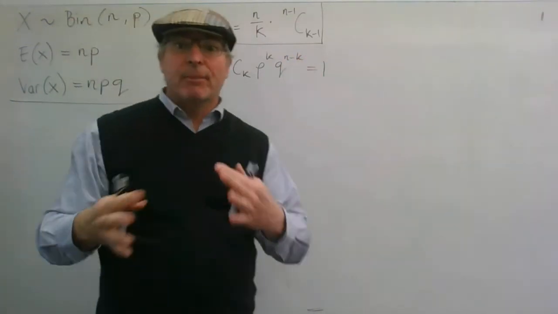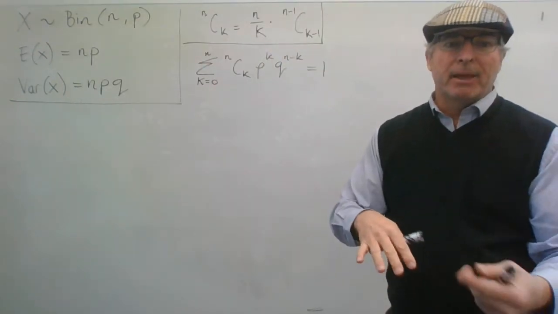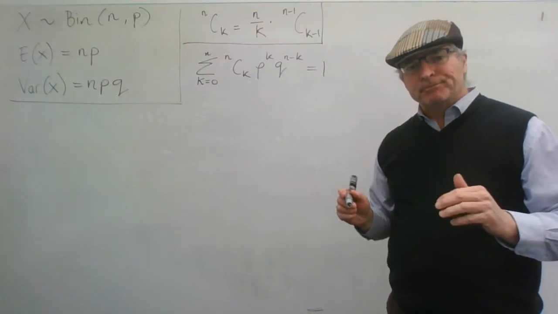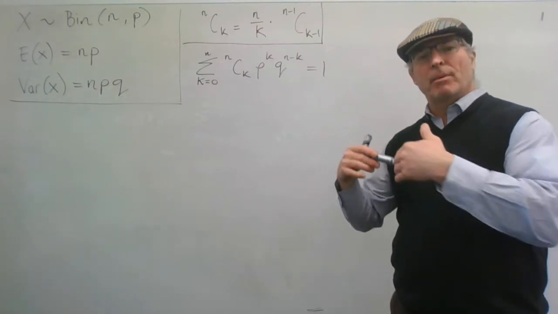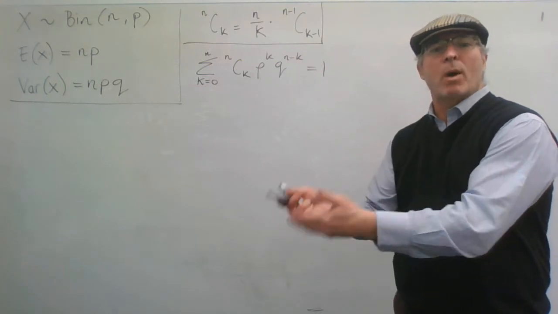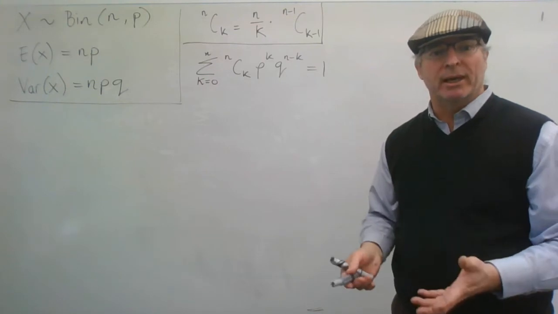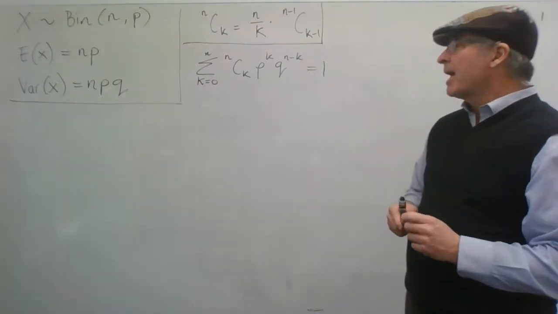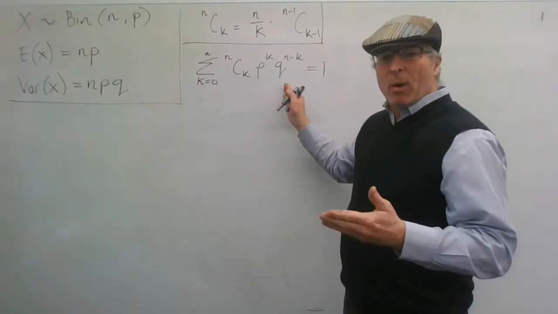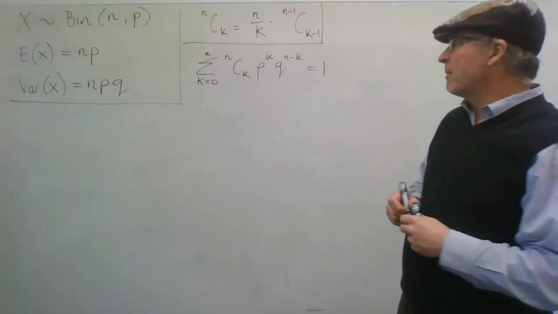Now, I keep calling it q. q is 1 minus p, because being binomial, the probability of success is p, the probability of failure is 1 minus p, because you can only have those two options. That's why it's called a Bernoulli trial each time. It's easier just to write q each time, but bear that in mind.